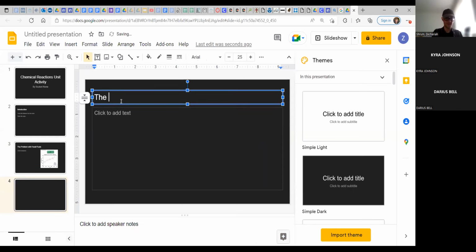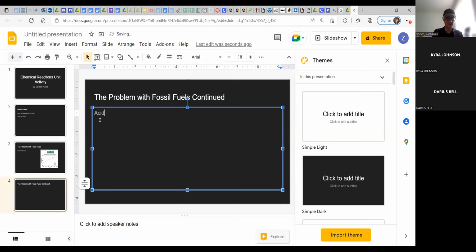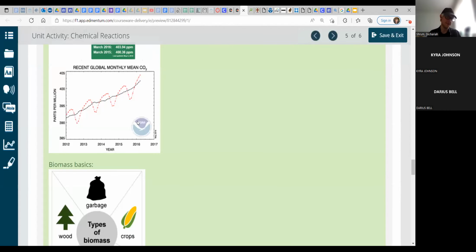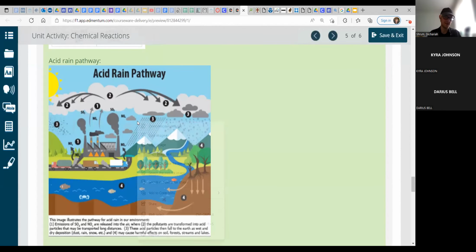Say the problem, fossil fuels continued. Talk about acid rain. And then once again, you don't have to use these pictures, but I'm just going to use them.